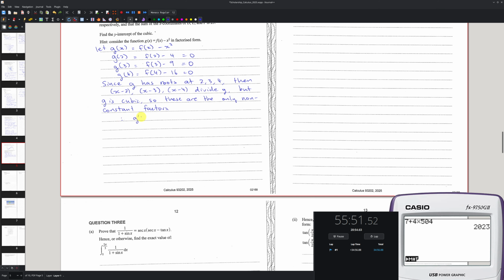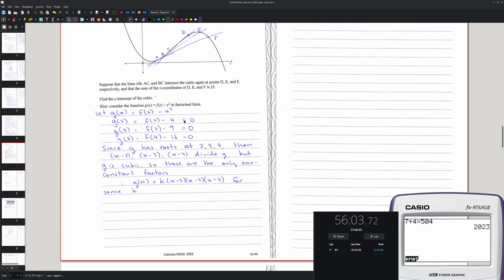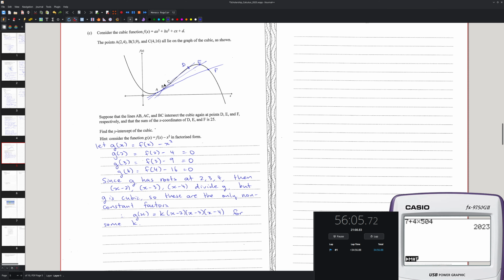Therefore, g of x is equal to k times x minus 2, x minus 3, x minus 4 for some k. Right, okay, so wait. Did they not literally just tell us how to solve the problem?